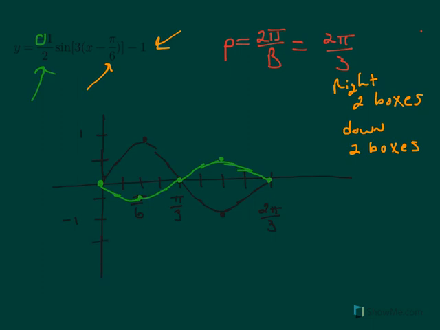So that's going to be -2. And everything's going to go down 2 boxes and to the right 2 boxes. So the first green point is going to go 2 to the right and 2 down. And the next one is going to go 2 to the right and 2 down.